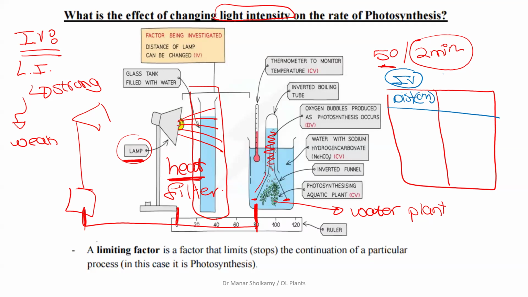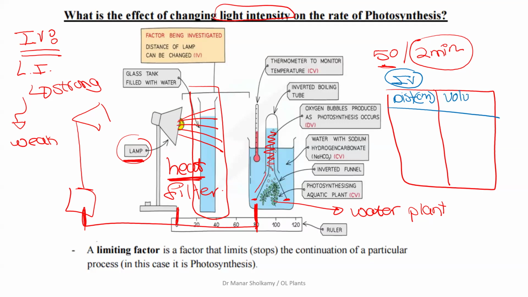Now, what will be my results? Volume of gas produced. You are correct. Either the volume of gas produced or the number of bubbles produced in 2 minutes. But what is more accurate, volume or the number of bubbles? Volume, very good.